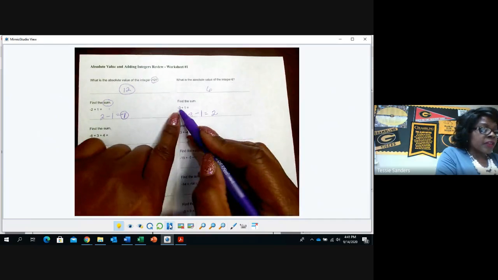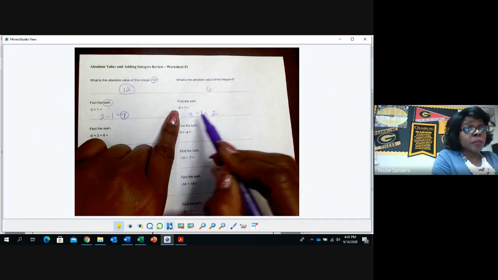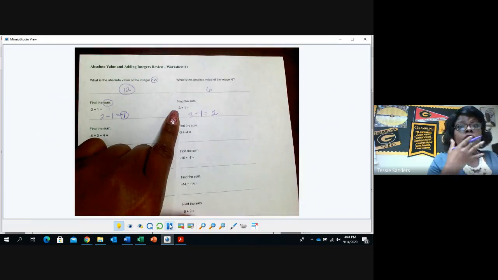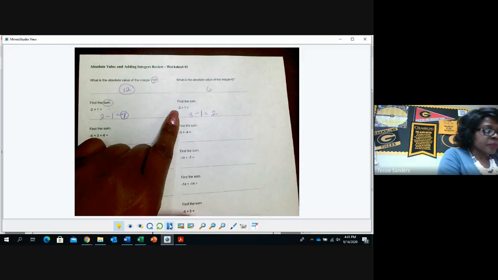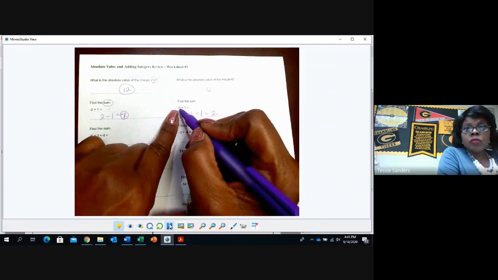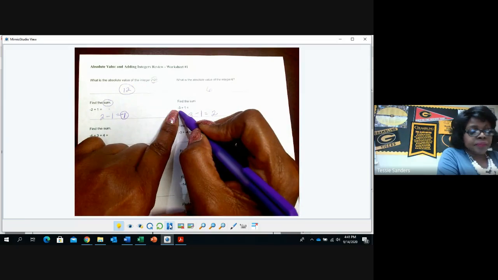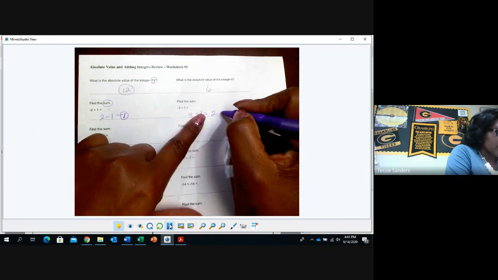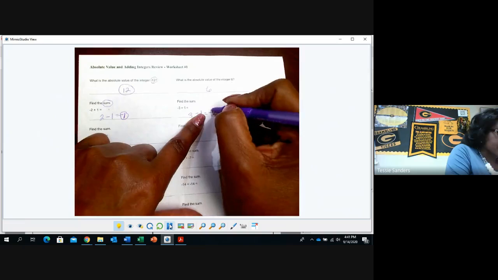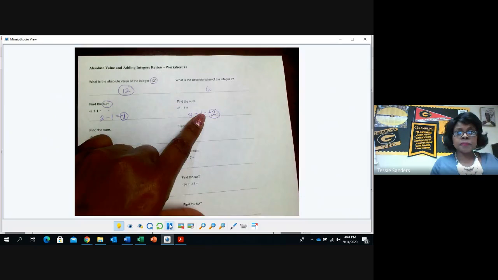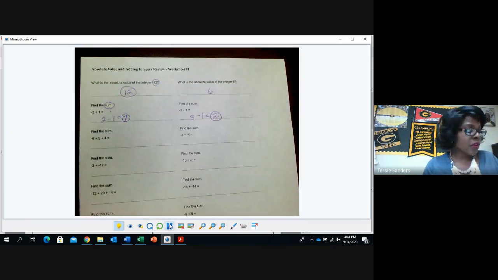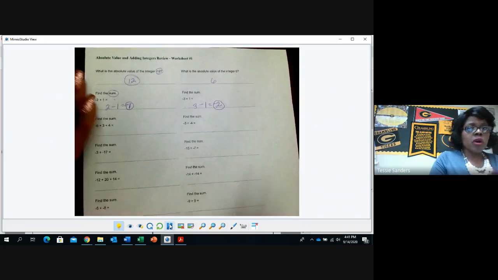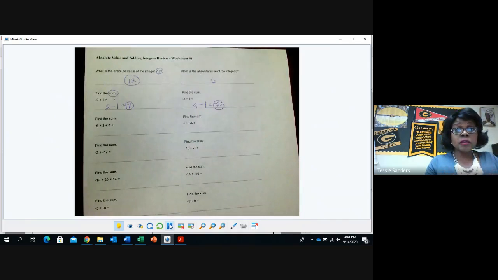Now let's revisit because we had to rewrite the problem so that we could visualize what it is we really needed to do. So -3 is the larger number. So your sum will be -2. Always remember that rule. When you are adding different signs, you're going to keep the sign of the larger number.